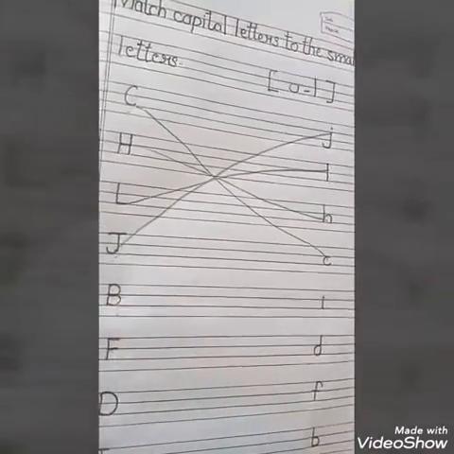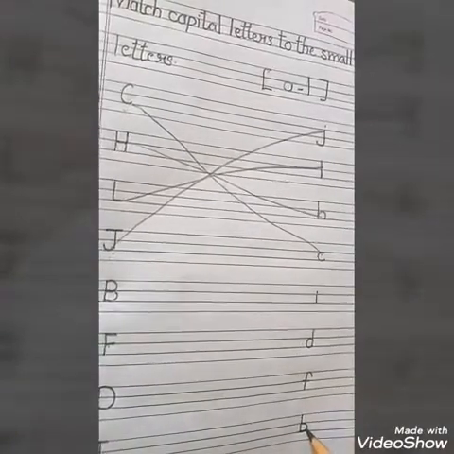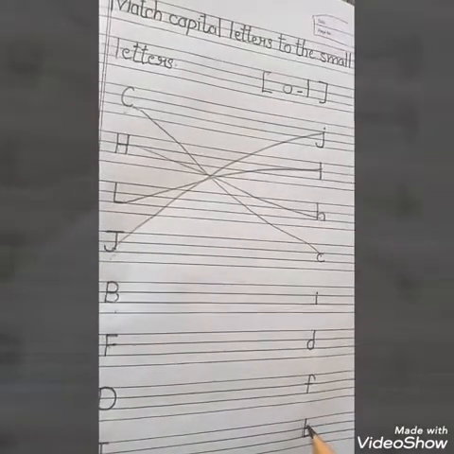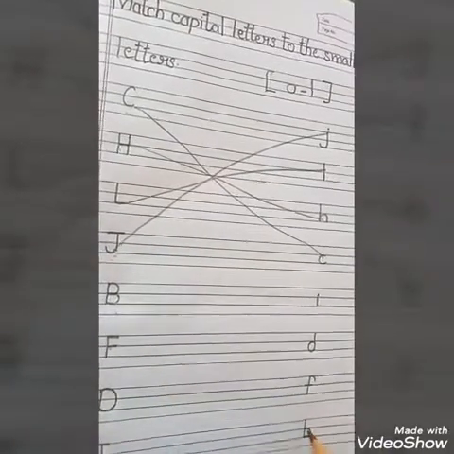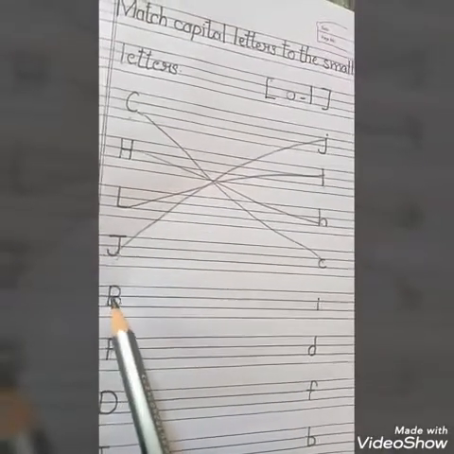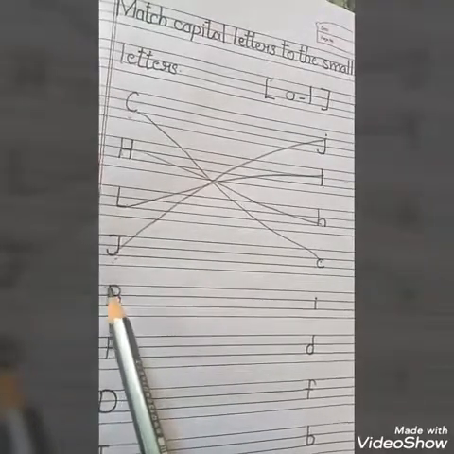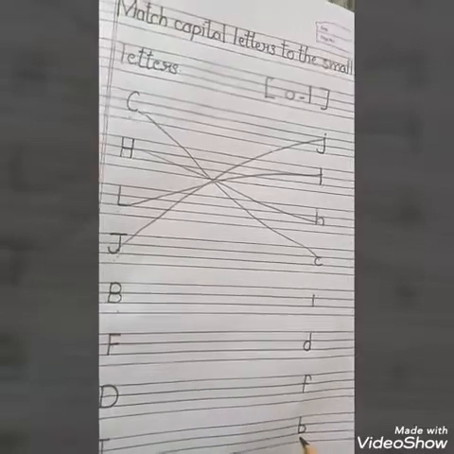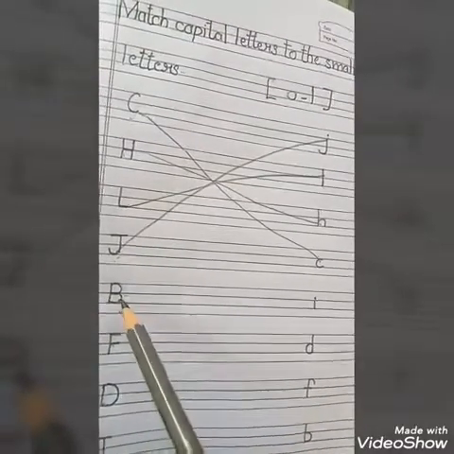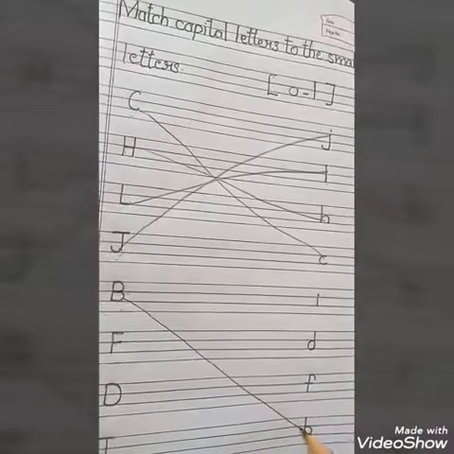Is B के जैसे वाला B. There is a small curve, right? No curve at the upper side. So you will easily find this with the help of curve. There are two curves in capital B, but there is one curve in small b. So we will match it with this, right?